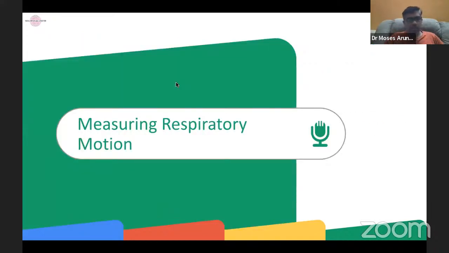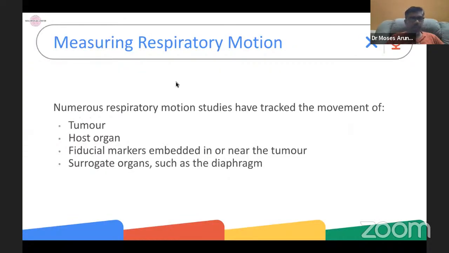So we've understood that there is a problem of respiratory motion in the thoracic cavity, but before we go about managing the respiratory motion, we need to go and measure the kind of respiratory motion that we have, and get an idea of the immensity of the problem.